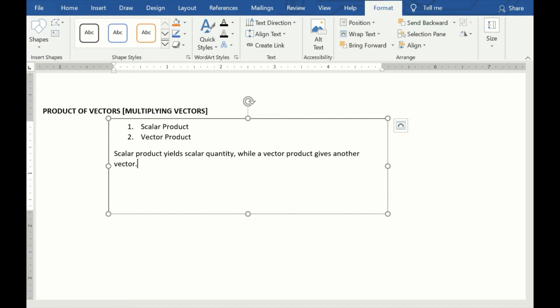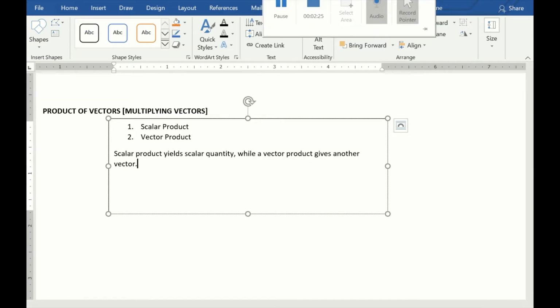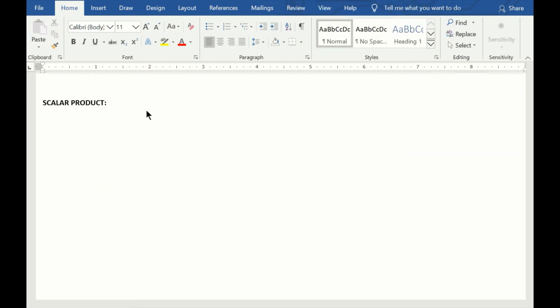So these are the two ways that we can multiply vectors. Now, a scalar product gives a scalar quantity. What does that mean? It means that it gives a number, okay? It gives us a number.